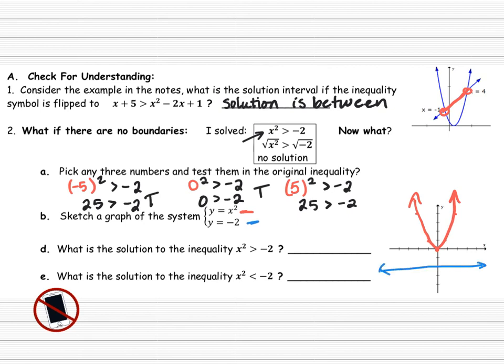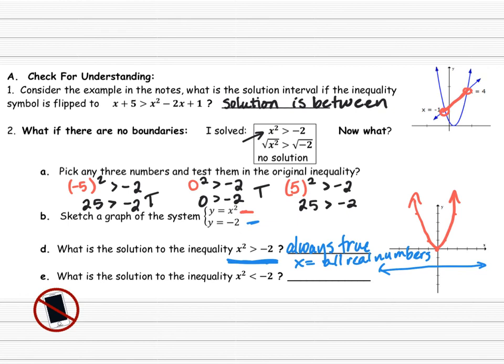And so what we see here is a parabola that is clearly above the line, which means it's greater than the line. So when we look at the solution to the inequality x squared is greater than -2, that is always true. Always true, so x can be any real number. So that's excluding imaginary numbers.